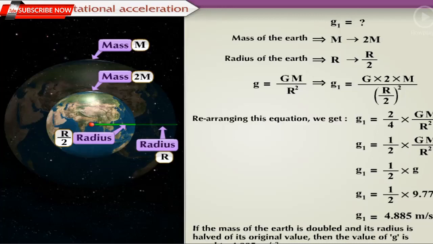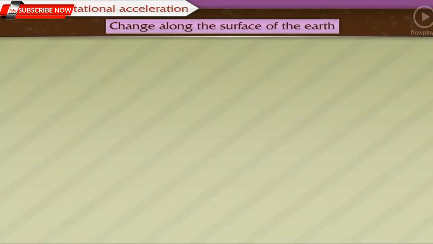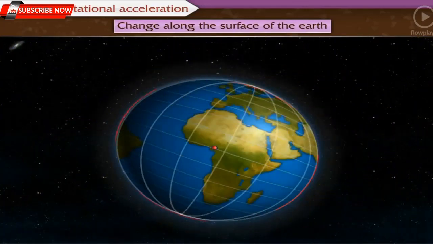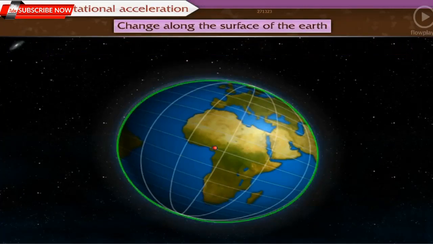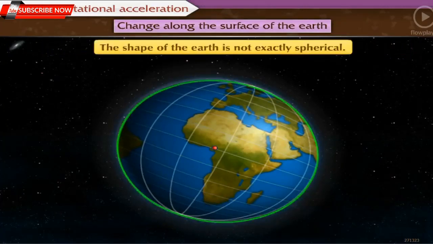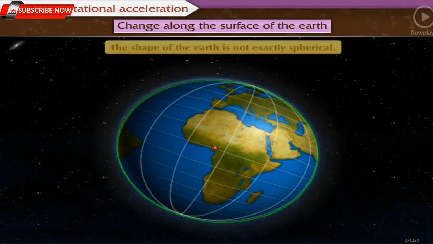Come, let us now study the variation in value of acceleration due to gravity. 1. Change along the surface of the Earth. The value of g is not the same everywhere on the surface of the Earth. It is because the shape of the Earth is not exactly spherical.